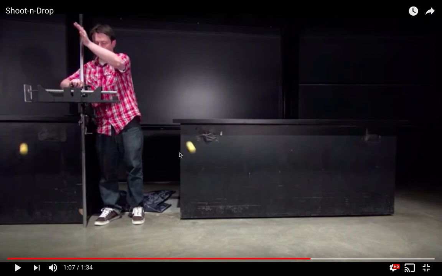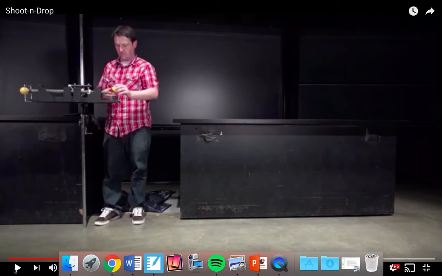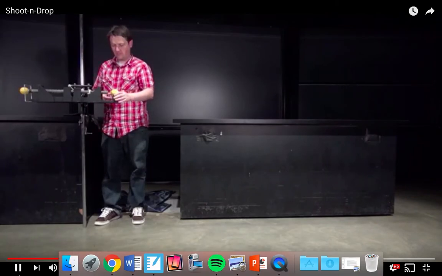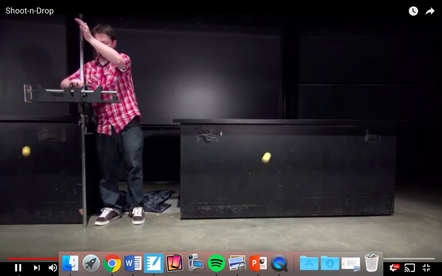This one has traveled some distance away from its initial position in the x orientation, but they're falling at the same rate. Their motion in the y direction is identical, and they hit the ground at the same time. One more time, just for good measure. Right, you get the picture.